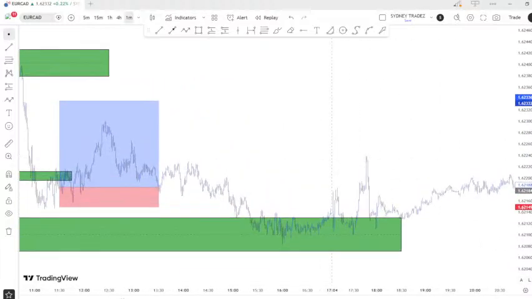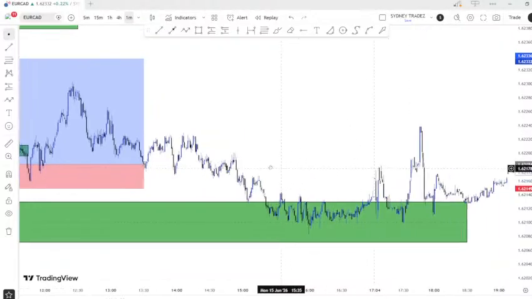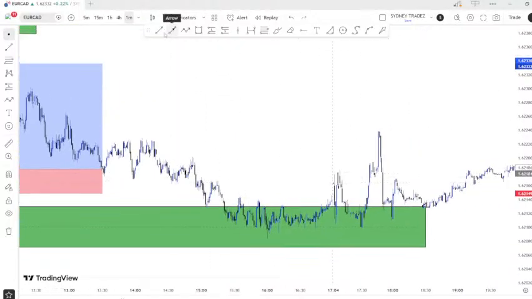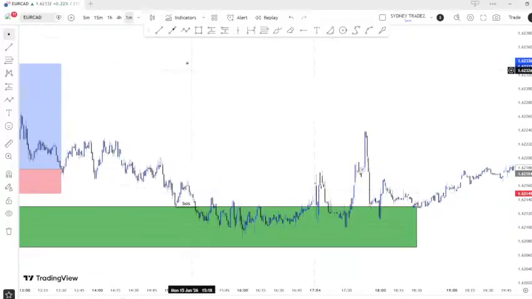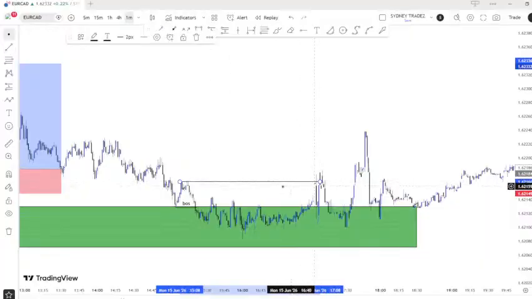Now let me show you the best trading entry that I actually use myself. Now this is what price does. You can see in the 1 minute time frame, this is a break of structure, a break of market structure, and this is the first market shift to the upside, which we can call a change of character.